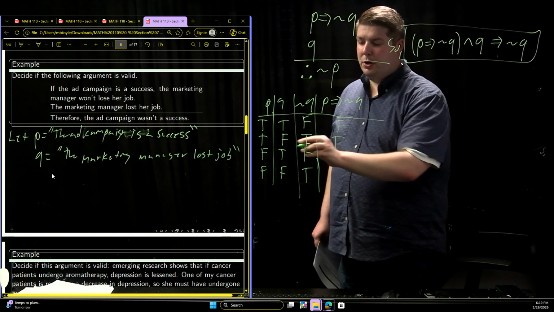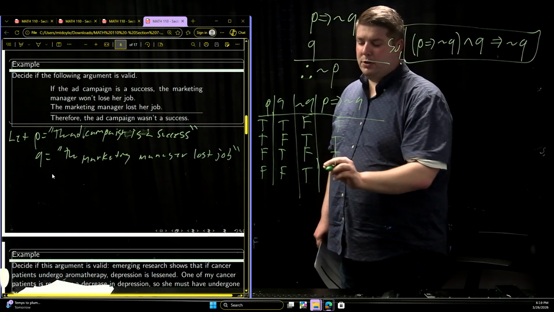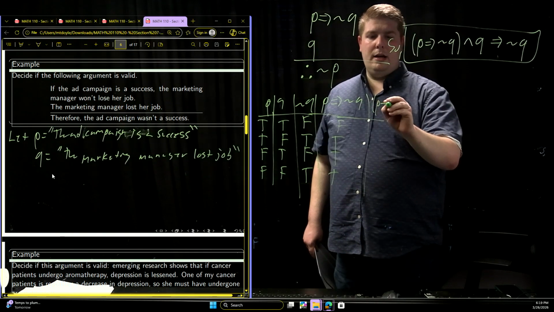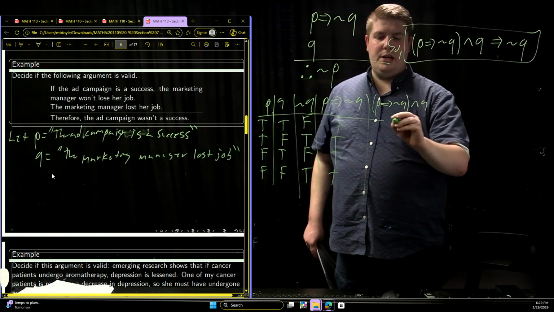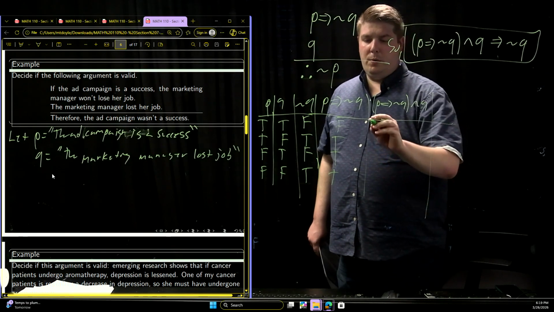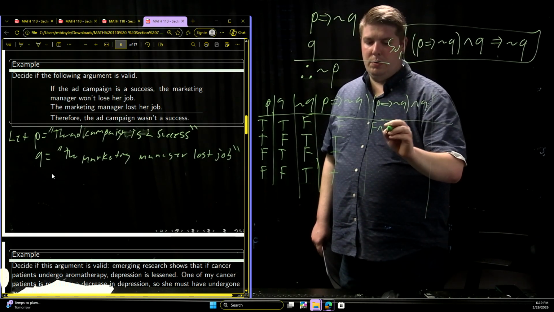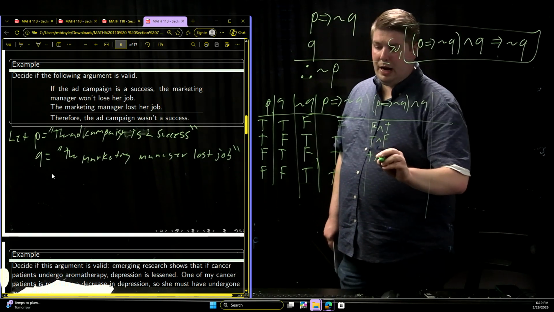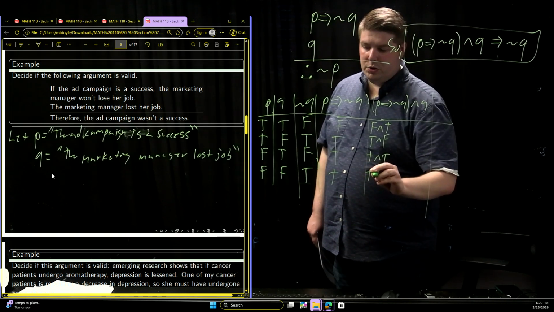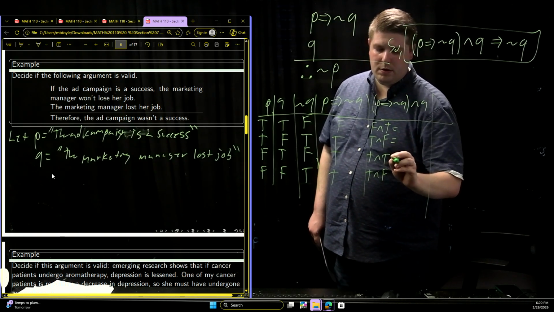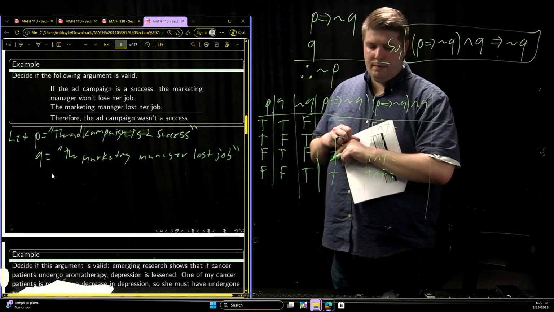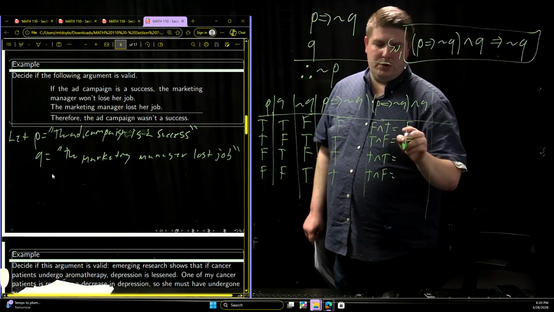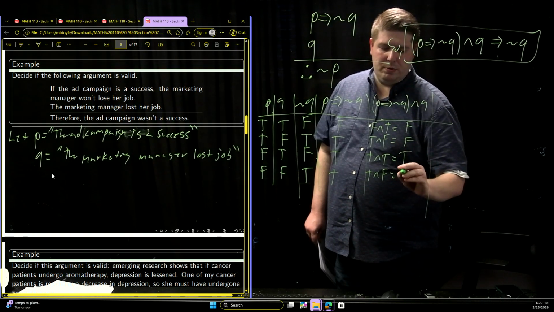True implies true is true. False implies false is true. False implies true is true. Okay? Then we need P implies not Q and Q. So we need false and true, true and false, true and true, and then true and false. So, true and false is false, true and false and true is false, true and false is false, true and true is true, and true and false is false.